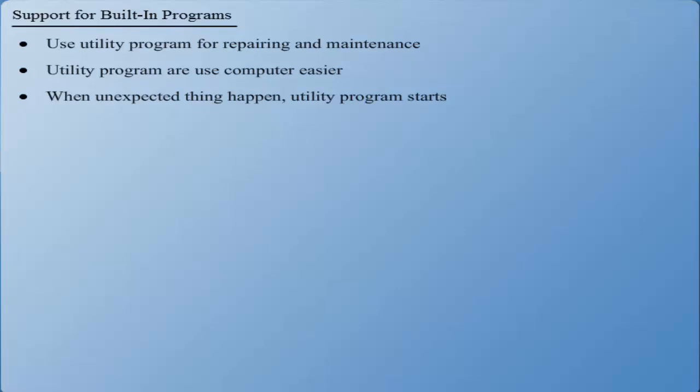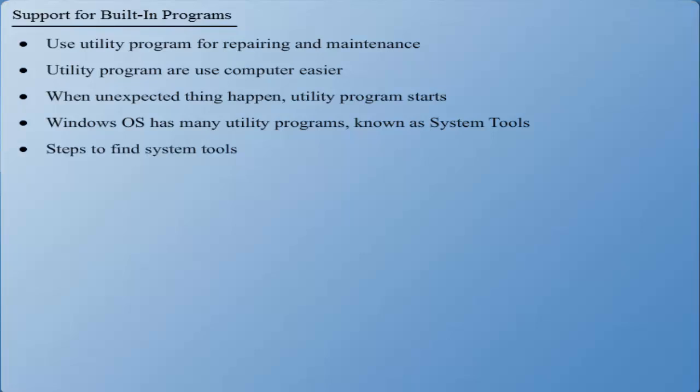Windows OS has many utility programs and are commonly known as system tools. In order to find these tools, follow the following steps. Click on Start, Programs, Accessories, System Tools.